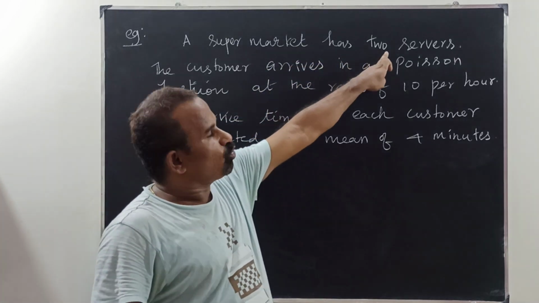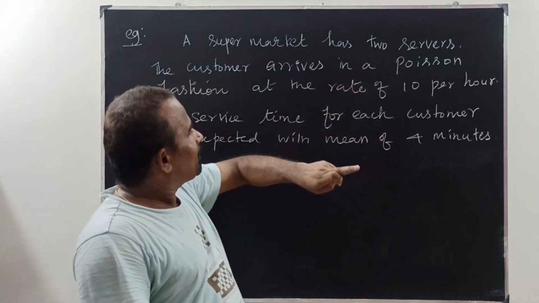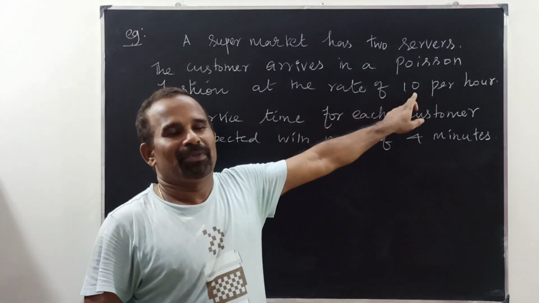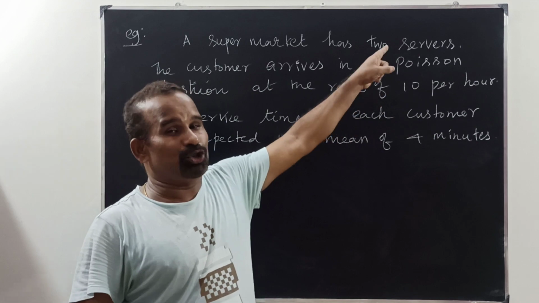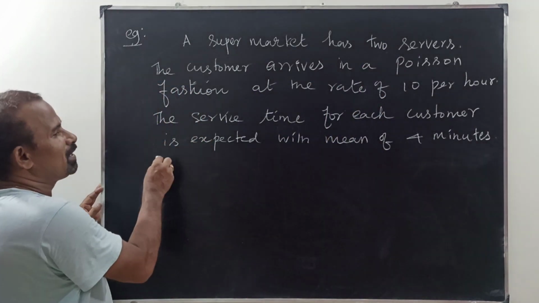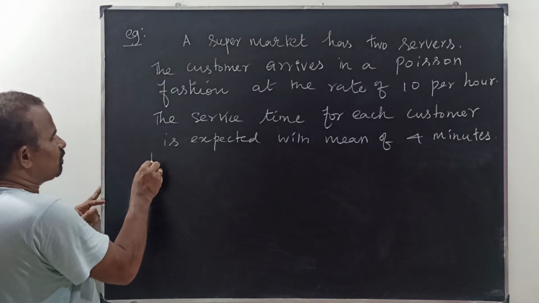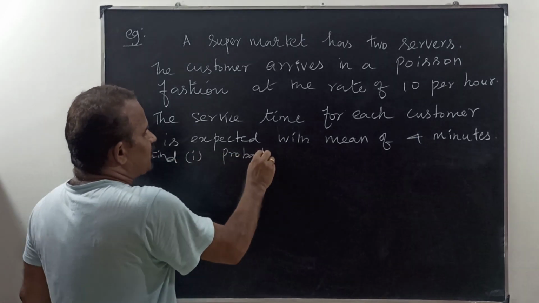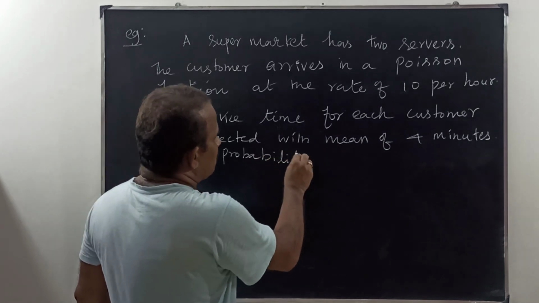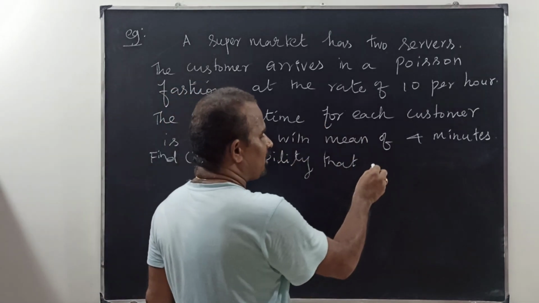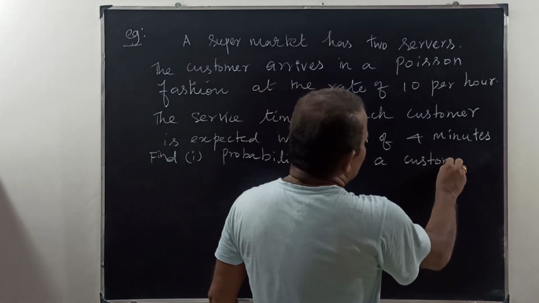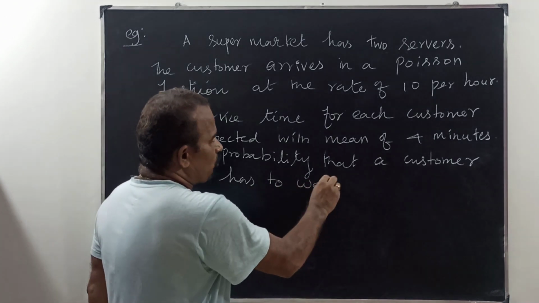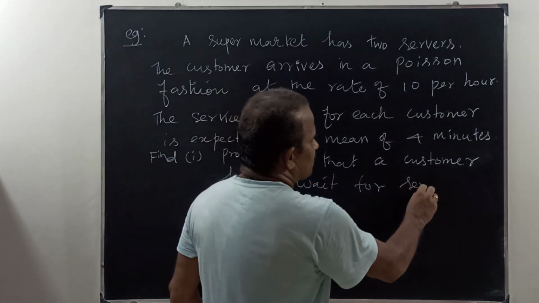The supermarket has two servers, therefore multiple servers. The arrival is Poisson, therefore infinite arrival. So this problem comes under model 2. The questions are: number 1, find the probability that a customer has to wait for service.